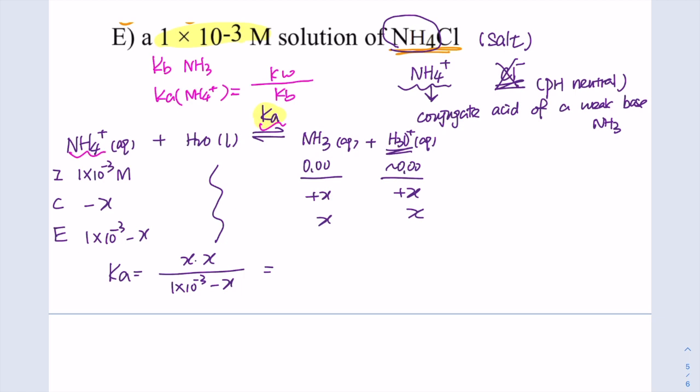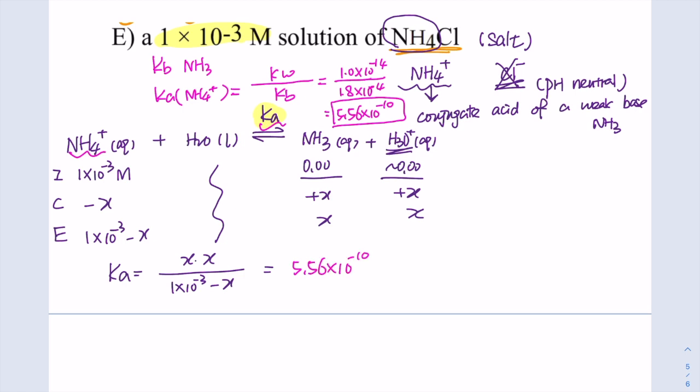Okay, so the Kb value for ammonia is 1.8 times 10 to the power negative 5, and therefore the Ka value for ammonium ion is 5.56 times 10 to the power negative 10. So this is a value we can use.